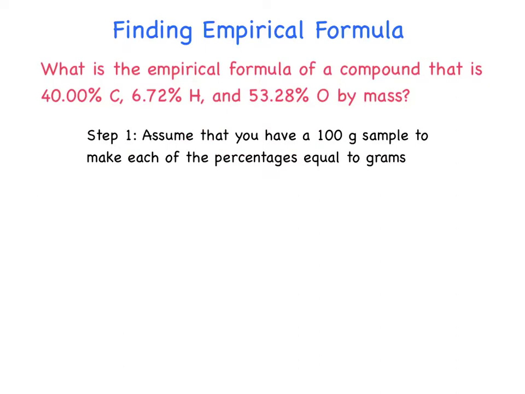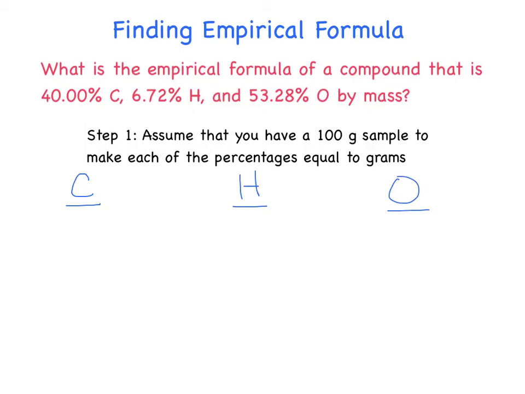So here's a typical problem where you have to find the empirical formula. This one is giving you 3 different elements that are in there, a carbon, a hydrogen, and oxygen, and it gives you the percentages by mass. So we're going to do step 1, assume that you have a 100-gram sample to make each of the percentages equal to grams. I like to label them as carbon, hydrogen, and oxygen so that I don't get them mixed up.